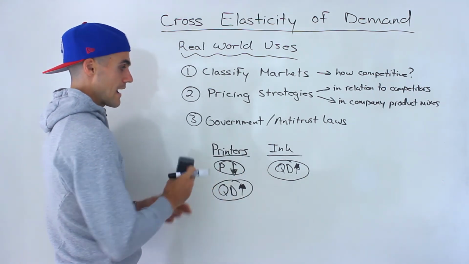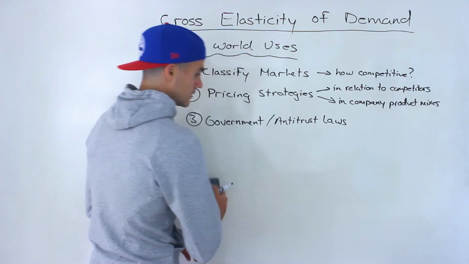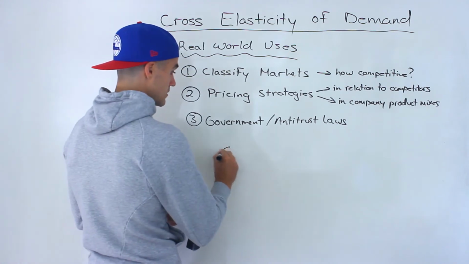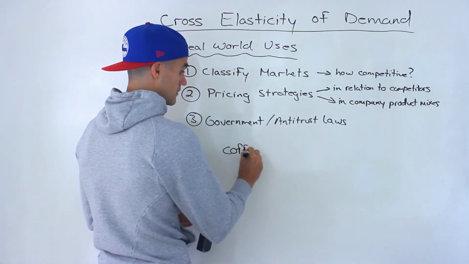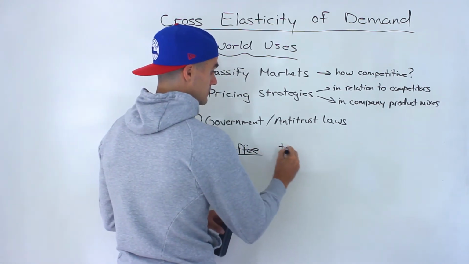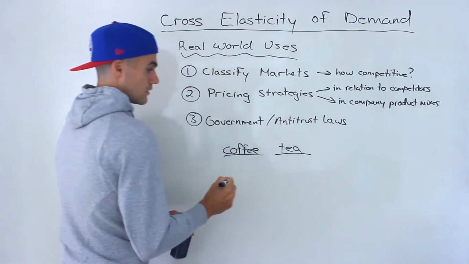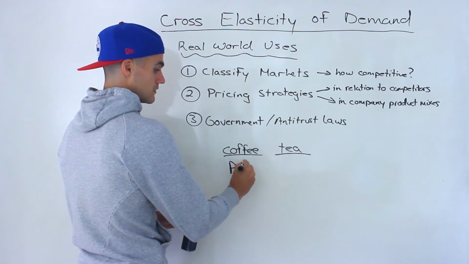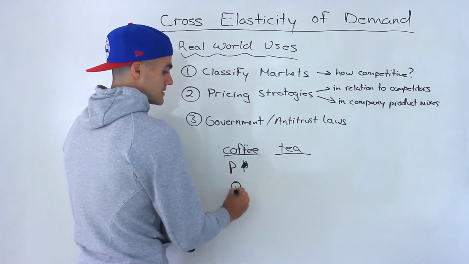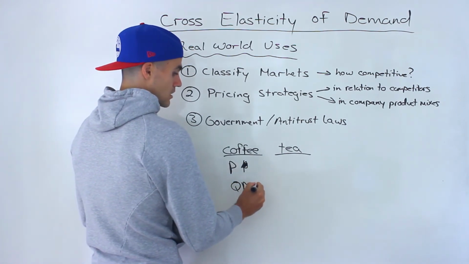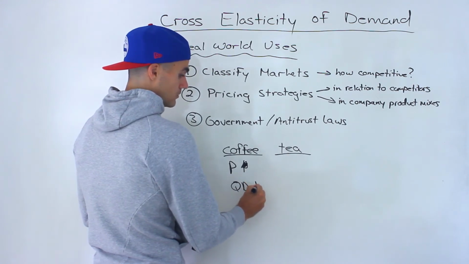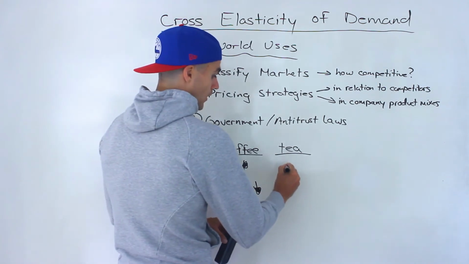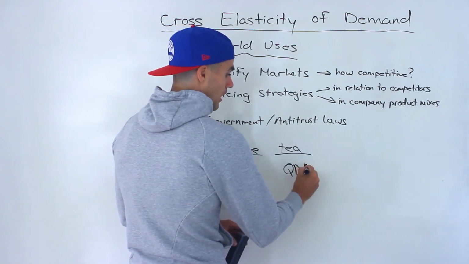Or let's say that your company is selling two substitute products. So let's say you're selling coffee and tea. Well, you may notice if you increase the price of coffee, the quantity demanded of coffee is going to go down, but then the quantity demanded of tea is going to go up.